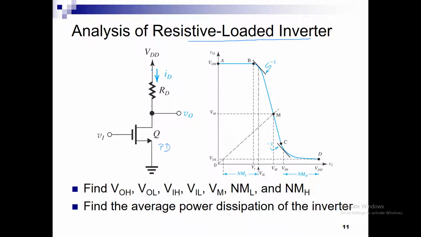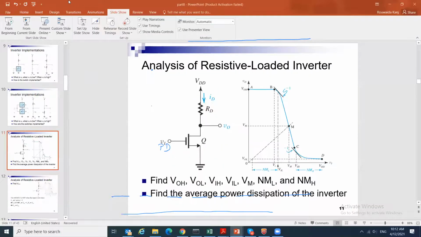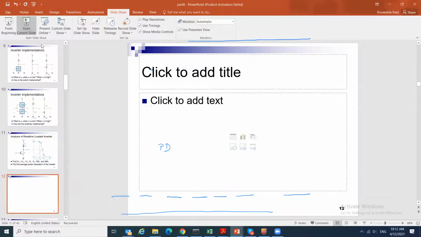Okay, so we are going to try to solve for VOH, VOL, VIH, VIL, VM, noise margin high, and noise margin low. Then we are going to study the average power dissipation of this inverter. So for this type of inverter, the first step is to solve for VOH, and we will look at the slides in a second.